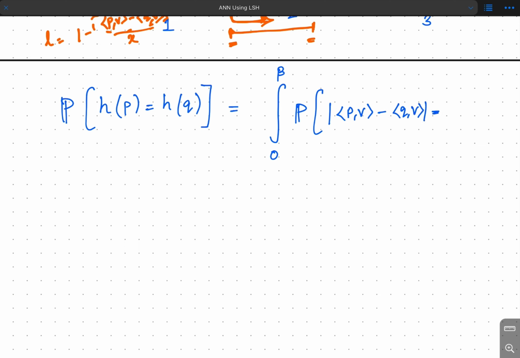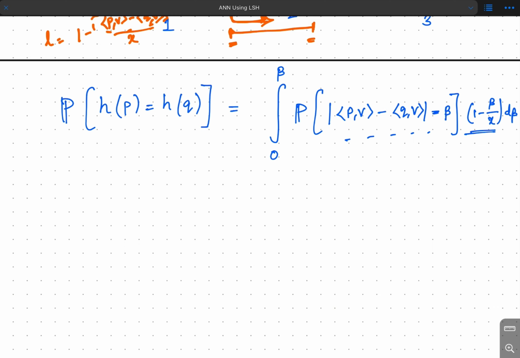When this happens, we have seen that with this probability they both match. So this is the probability.